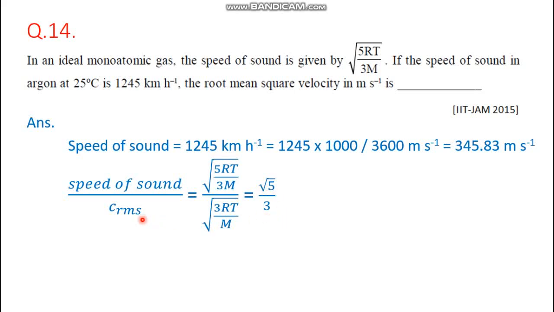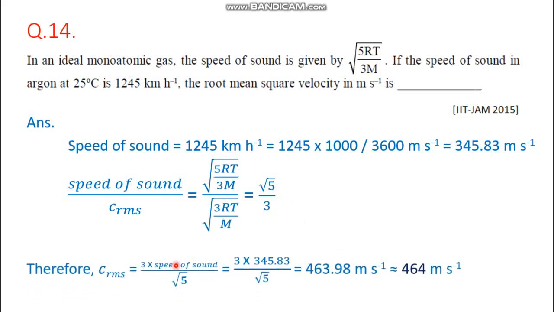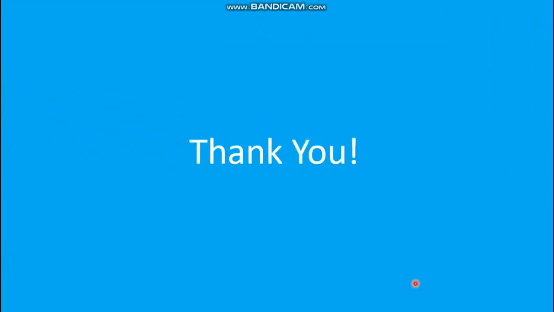Therefore CRMS equals speed of sound divided by root over 5 by 3, that is 3 into speed of sound divided by root 5. So it is 3 into 345.83 divided by root 5, and the value is 463.98 meter per second, approximated to 464 meter per second. So that's all about this lecture. Thank you. Have a nice day.